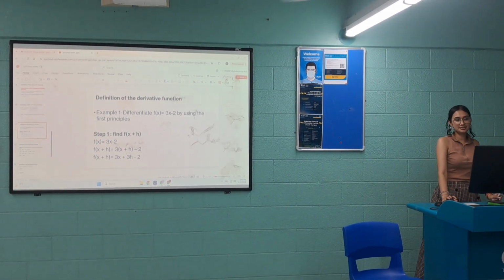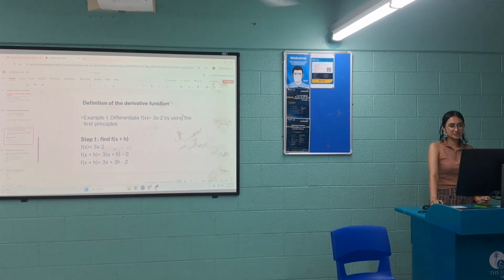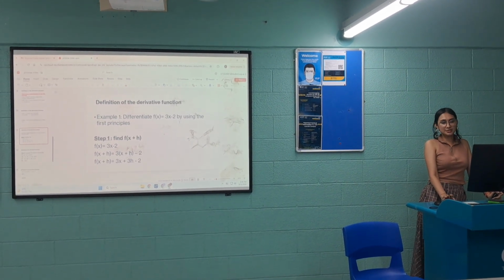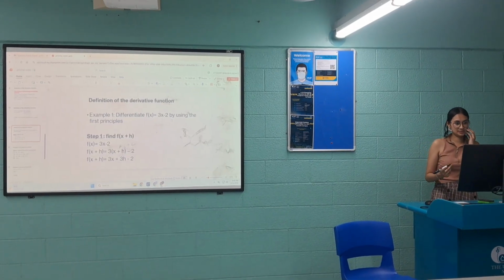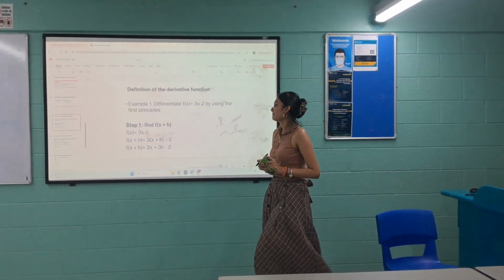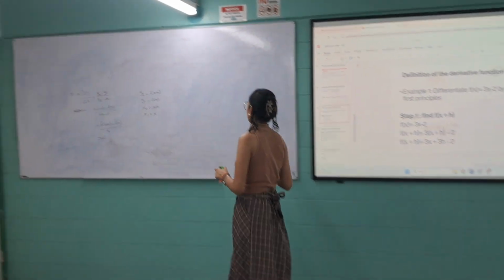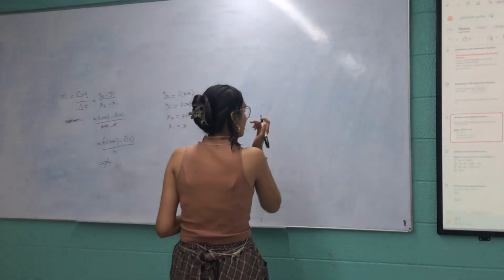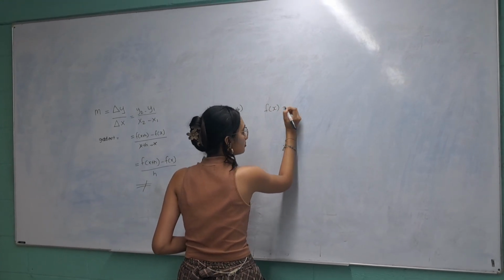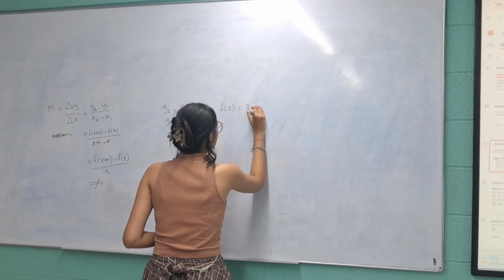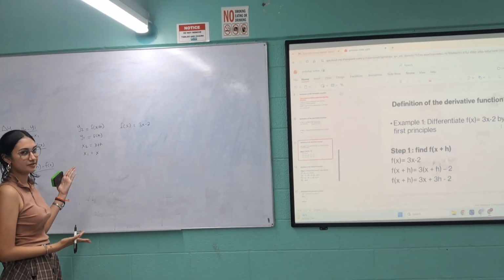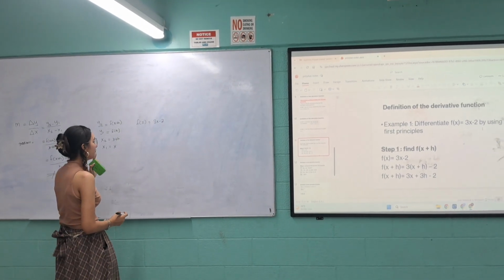So let's look at this example. Differentiate f of x is equal to 3x minus 2 by using the first principles. So this is the expression given to us. We have to use the first principles.